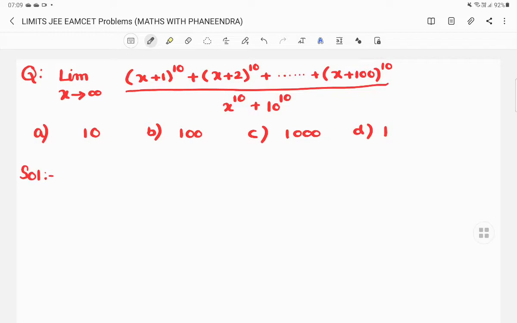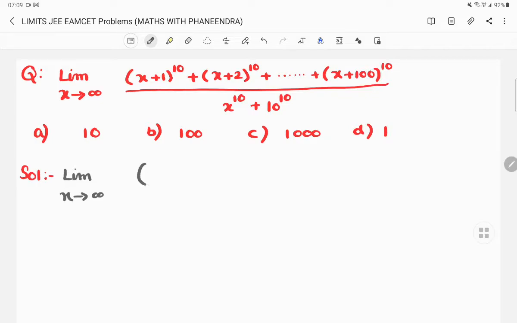First, in every term of the numerator, take x common, and from the denominator x power 10, take common. See here, limit x tends to infinity.